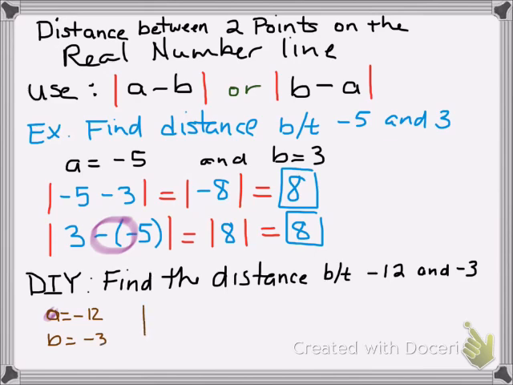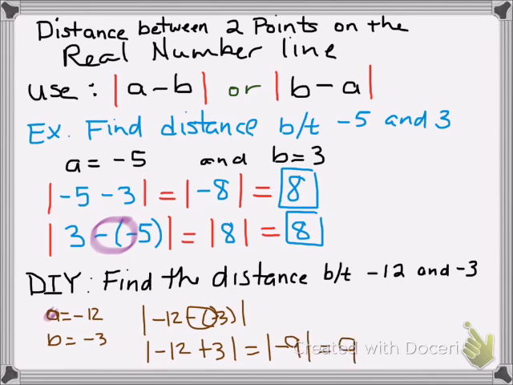So the first one says -12 minus the -3. So don't forget, because of that, we need to put the parentheses. So this becomes -12, and that there becomes a +3. So this becomes the absolute value of -9, which is just +9. So the distance between those 2 points is 9 units.